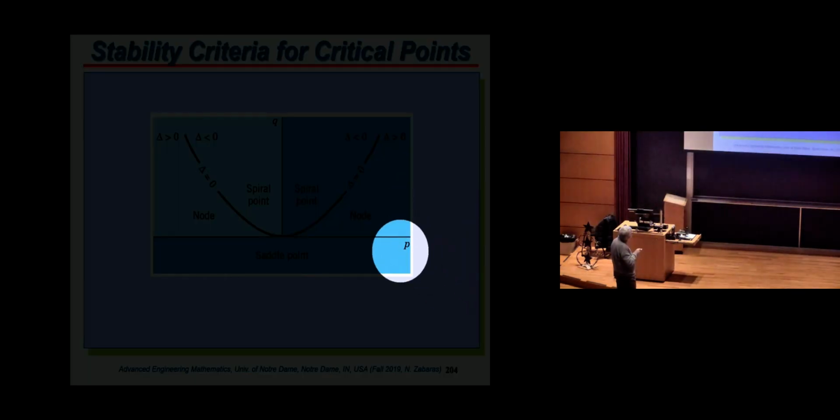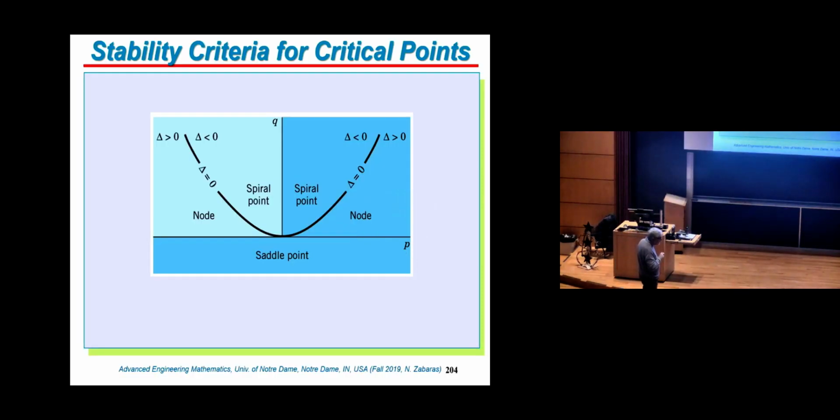So I have P, the sum of the eigenvalues, is positive. The product of the eigenvalues is always positive because if they are imaginary, it's A squared plus B squared. Now, the sum of the two eigenvalues, lambda 1 and lambda 2, is equal to what? 2 times the real part. Right?